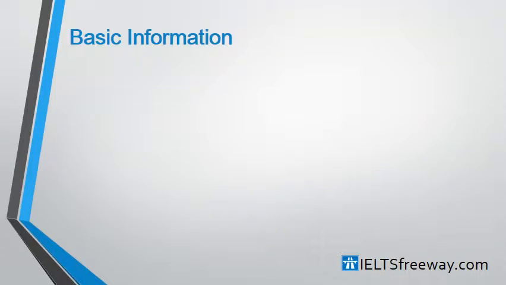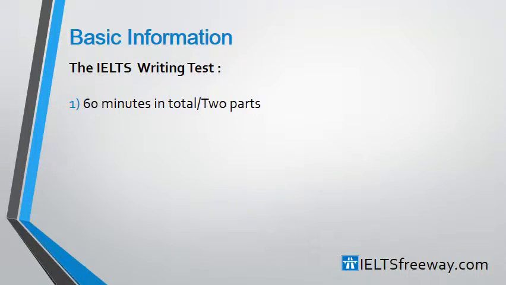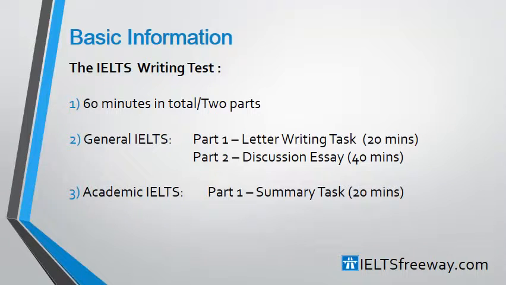The IELTS writing test is 60 minutes long in total, and it consists of 2 parts. Part 1 is different depending on if you're taking the general paper or the academic paper. If you're taking general IELTS, part 1 is a letter writing task.